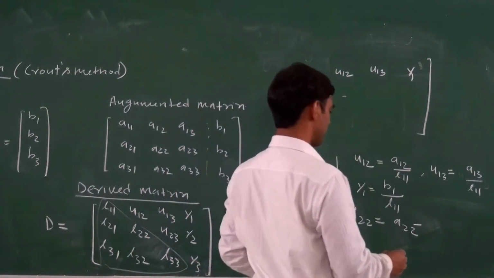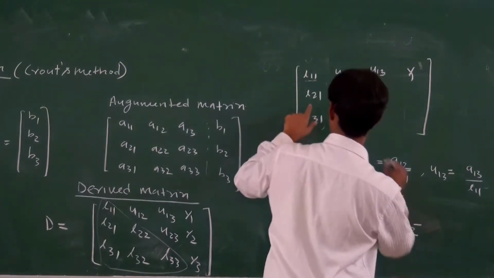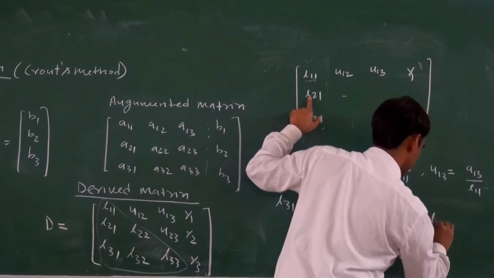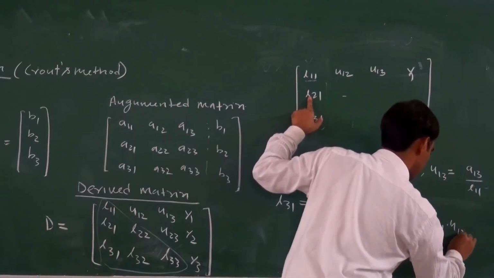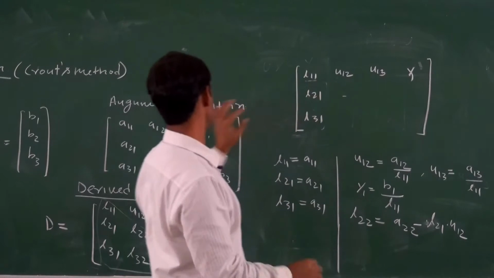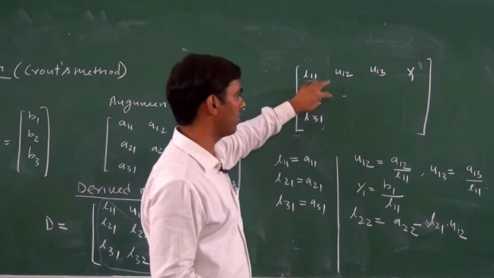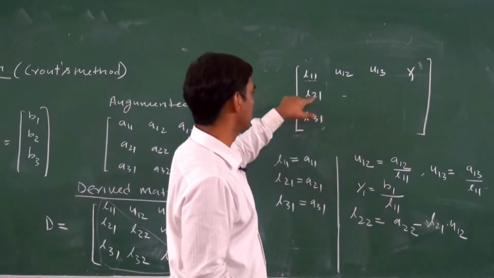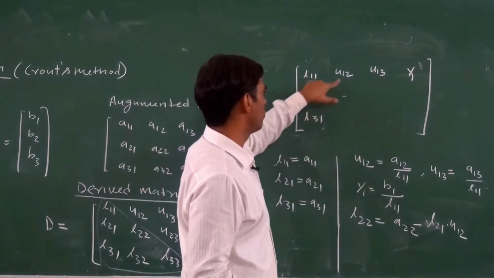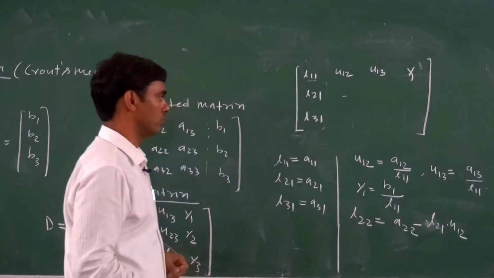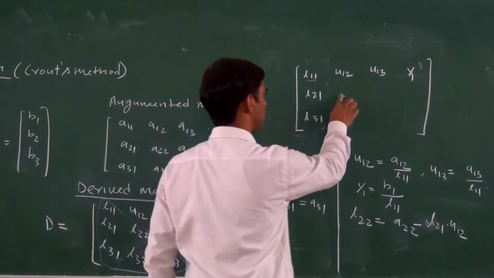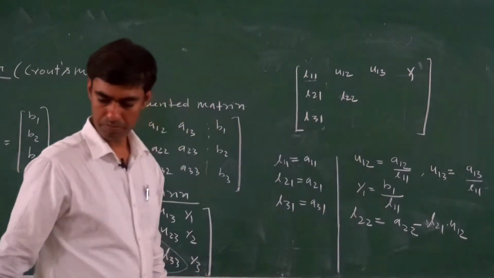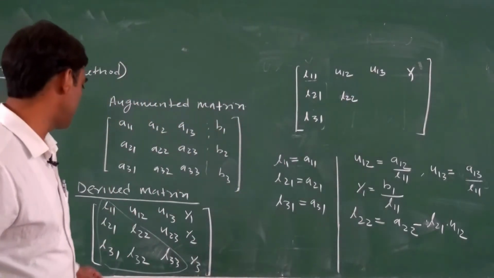What is the inner product? The inner product is L21 into U12. So from the augmented matrix A22, and from the derived matrix we find the inner product, minus L21 and U12. Then we find the value for L22.